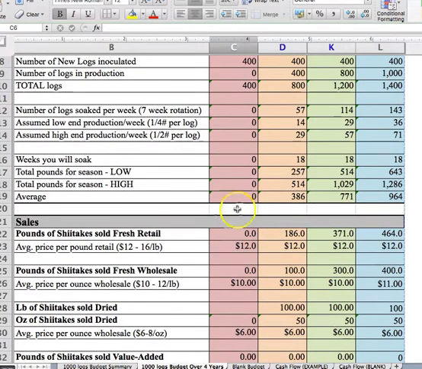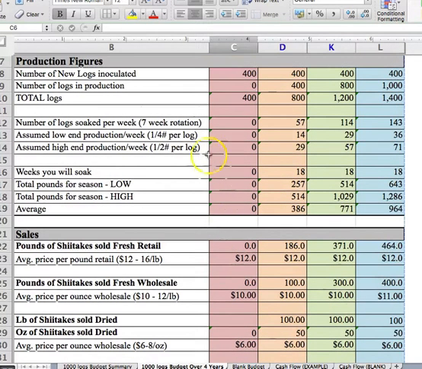And it's also useful to see that, okay, in my first year, I'm obviously not going to have anything to sell. My second year, though, I'm going to be selling potentially between 14 and 29 pounds a week. Then it's going to go up to between 30 and 50, and then it's going to go up even more than that. So that's kind of the reality of how that can go.